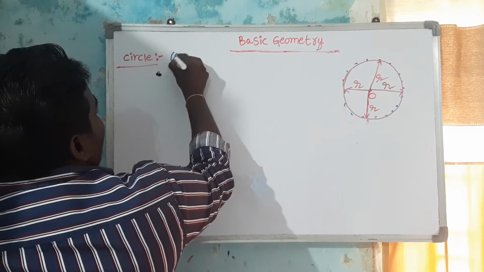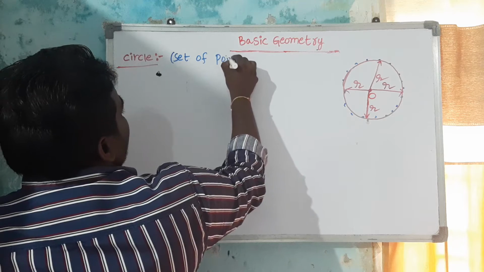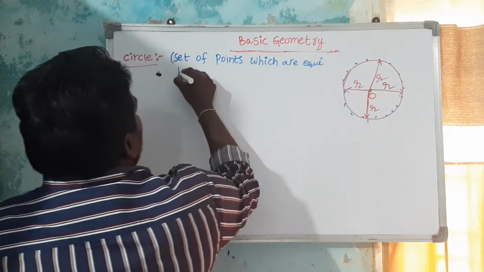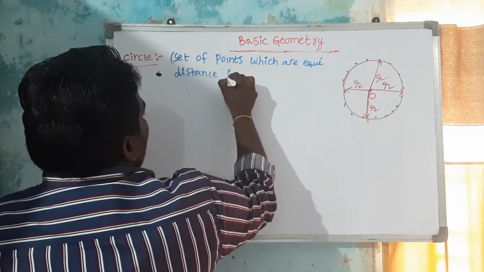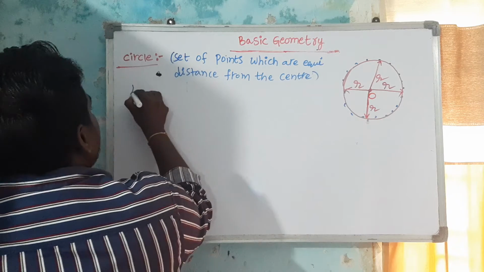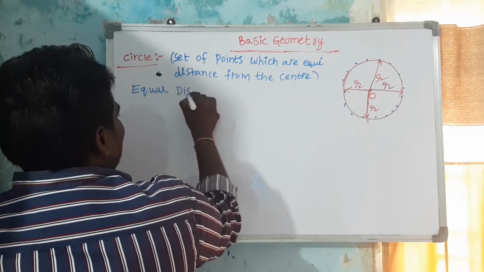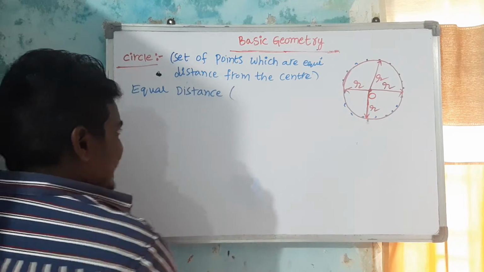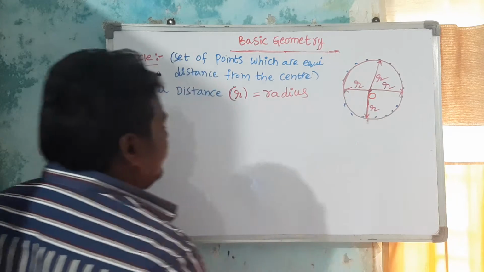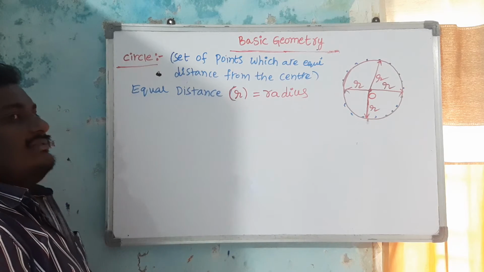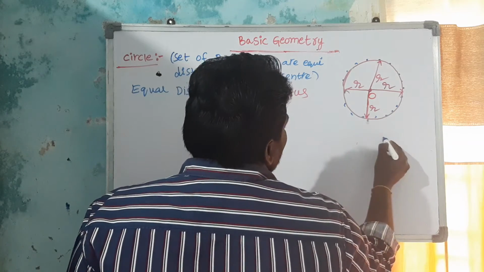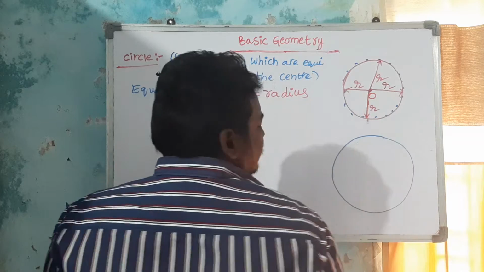So I can say a circle is the set of points which are equidistant from the center, and that equal distance is called the radius. Now we'll learn some terminology about the circle.